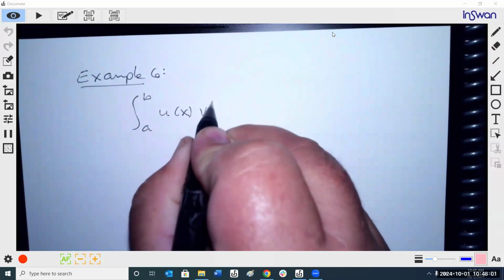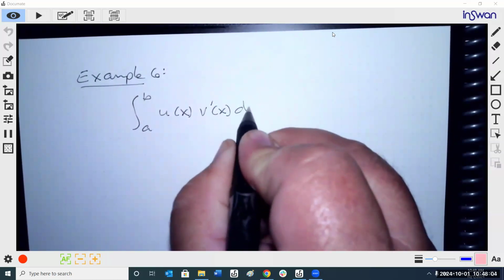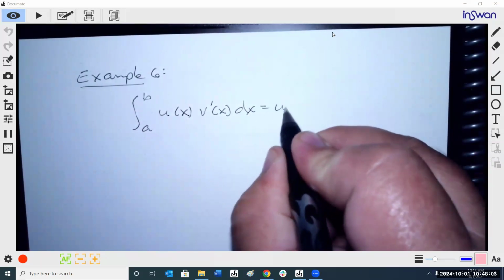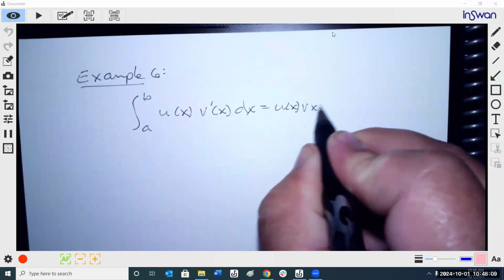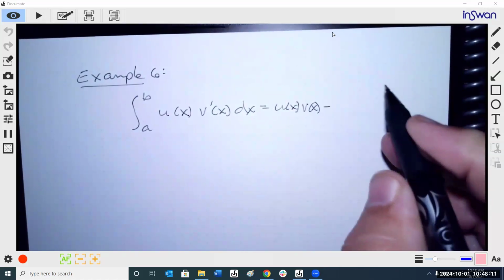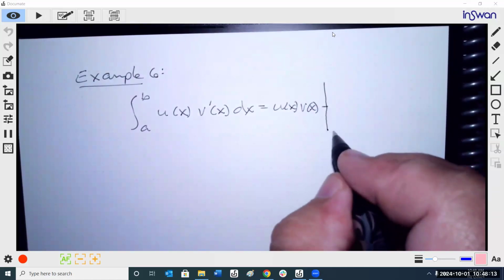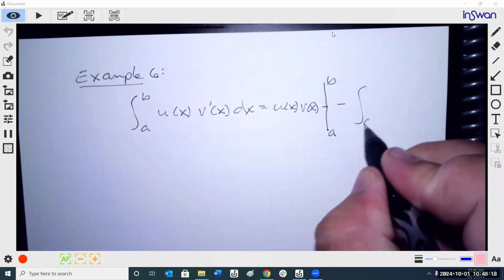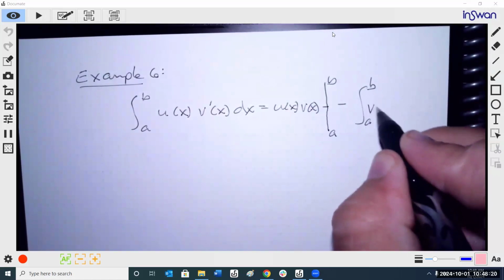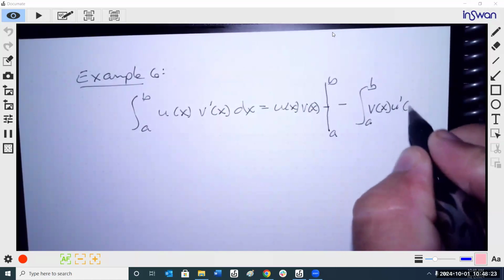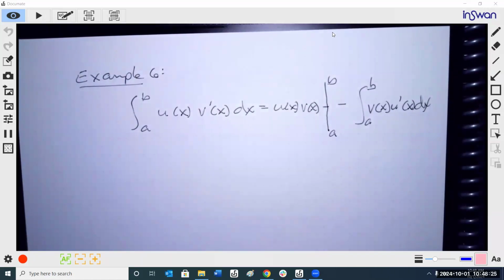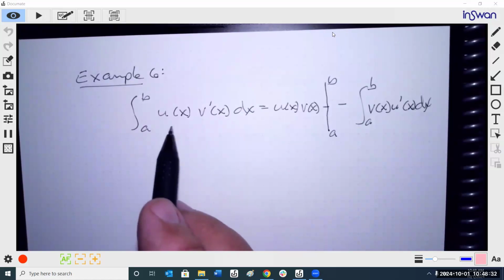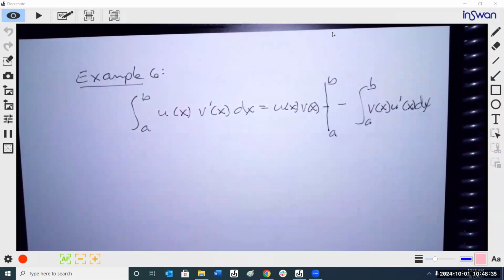The integral of u of x v prime of x dx is equal to u of x v of x, but this is from a to b, minus the integral from a to b of v of x u prime of x dx. That's our formula. This is the formula we'll be using. Notice it's the same formula, except now we have bounds.